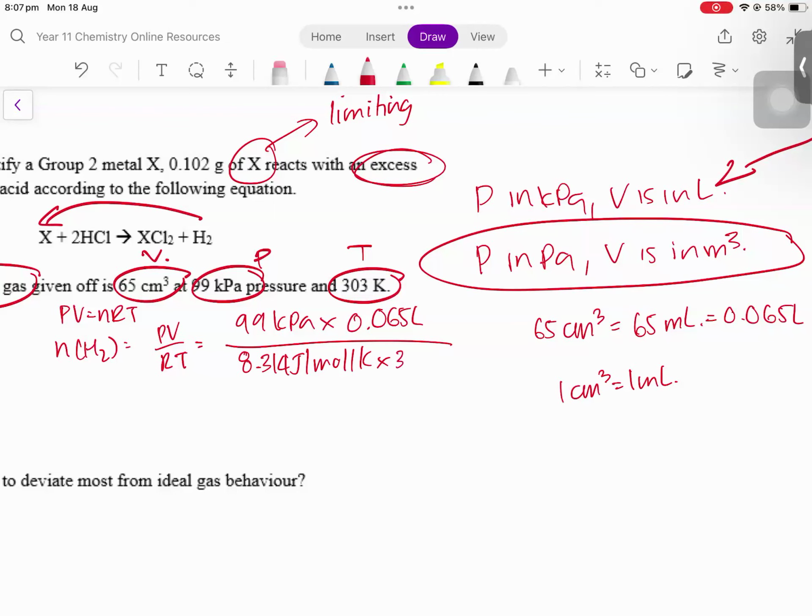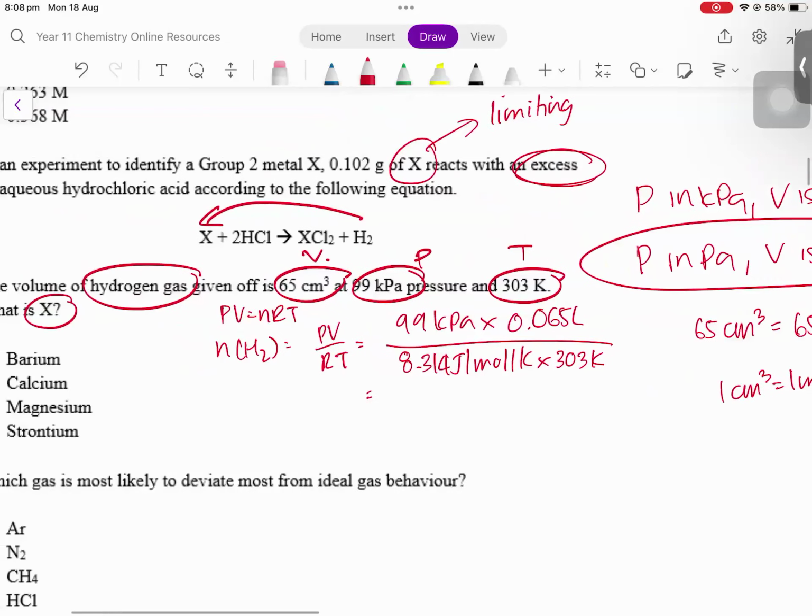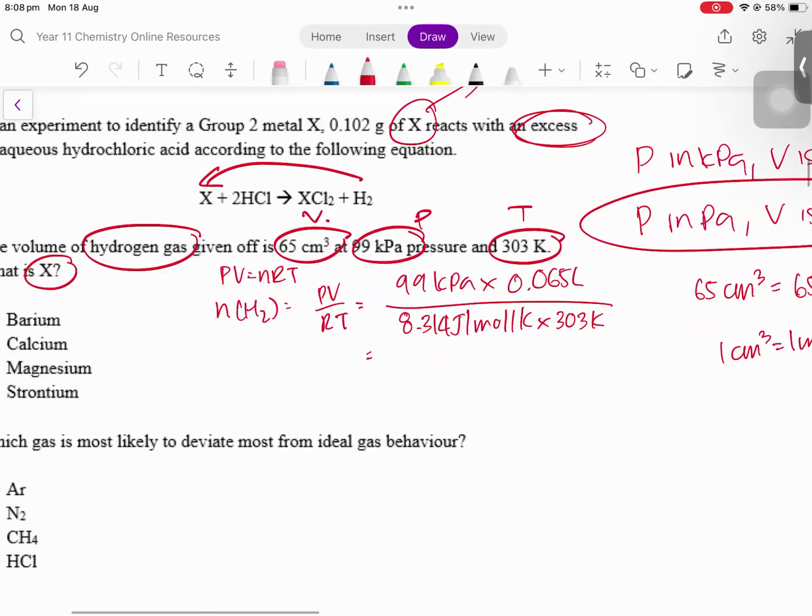In this case, they've already done it for you, 303 K. What do you get for the moles of hydrogen, please? 0.00255. Thank you. That's mole.